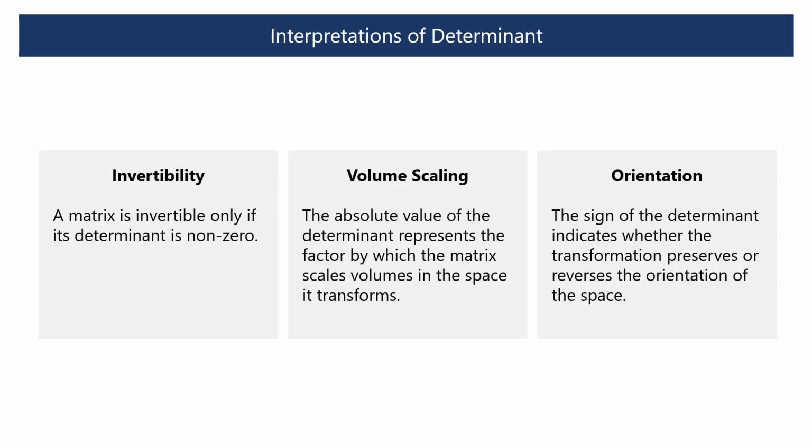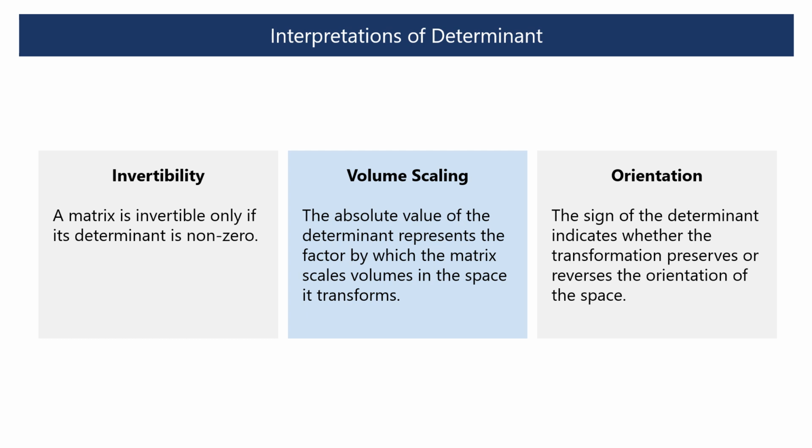Specifically, for a square matrix A, the determinant is a single number that summarizes the following key properties of the matrix. The first is invertibility. A matrix is invertible only if its determinant is non-zero. The second is volume scaling.